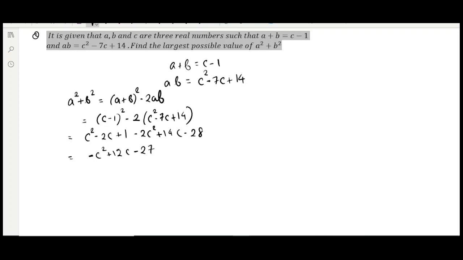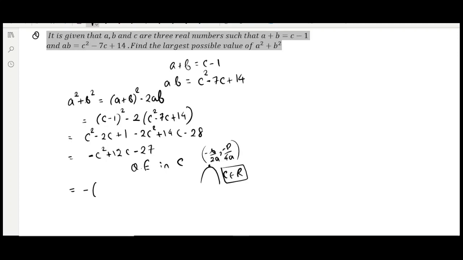In this case, as it is a quadratic polynomial in c, its c square coefficient is minus 1, the opening is downward, so we can say that it will have a maxima. Generally that maxima is minus d by 4a, but this is only applicable when c belongs to real. We don't know whether c belongs to real or not.